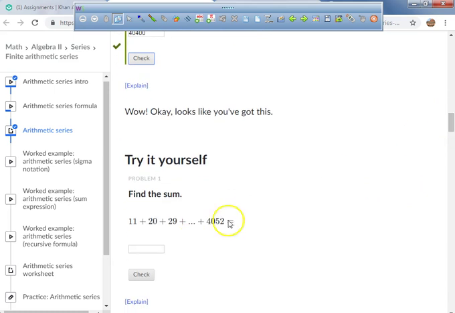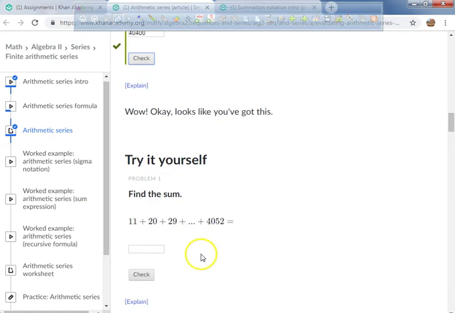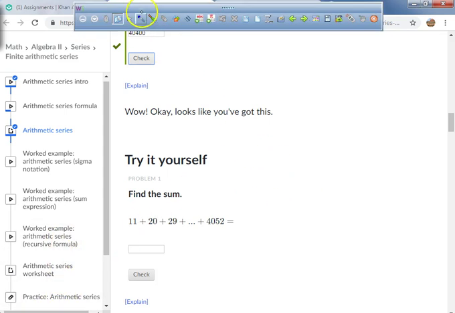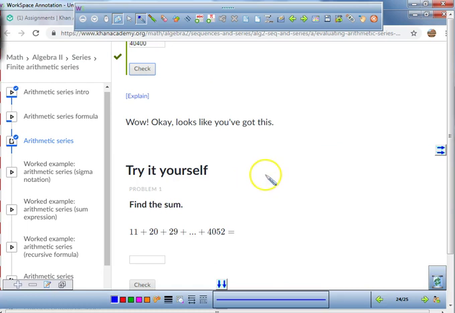Okay? We're going to do one more problem, except we're going to do everything a shortcut. We're going to use the formula, and we're going to find the shortcut to be able to find the n value. So here's our final problem we're going to do together. First thing I'm going to write down is a formula we're going to use.